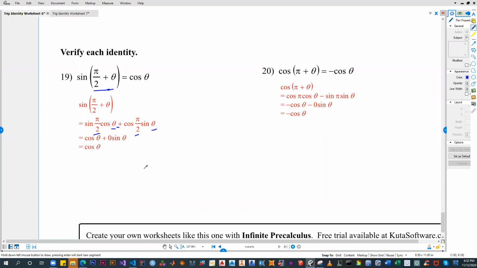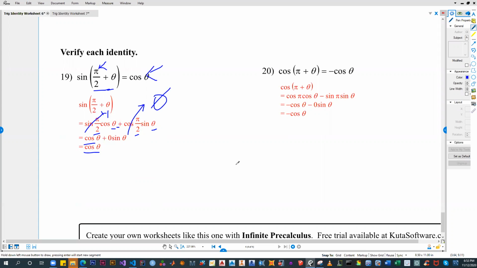Since you have known values, sine pi over 2 is just 1, and cosine pi over 2 is 0. Then simplify it, and that's how they got that one.